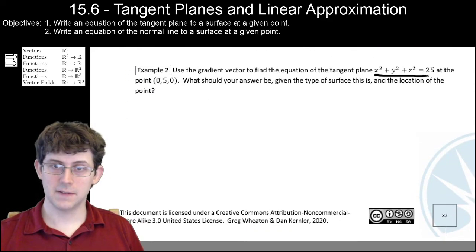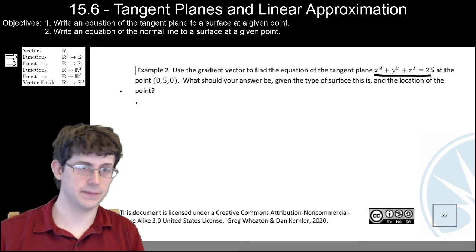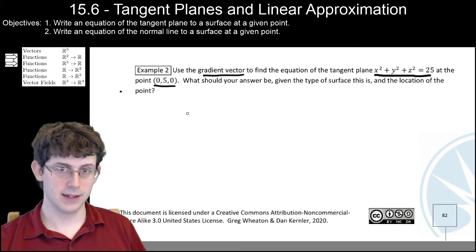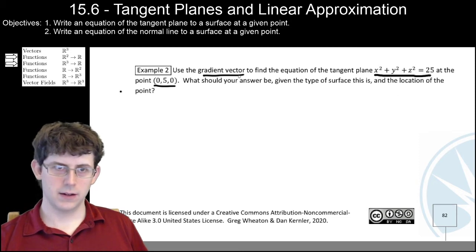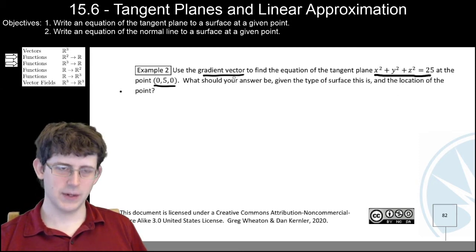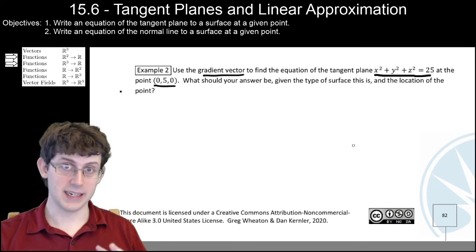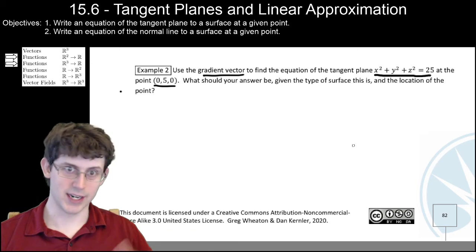Okay, here we have a sphere of radius 5. Let's find the gradient vector at this point. Oh, it told us to find the gradient? Well, okay. So this is a surface, and we have two ways to find normal and tangent objects to these surfaces.